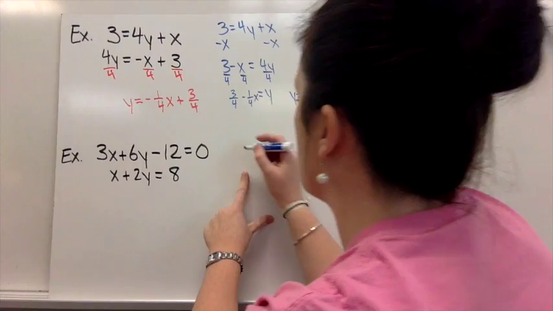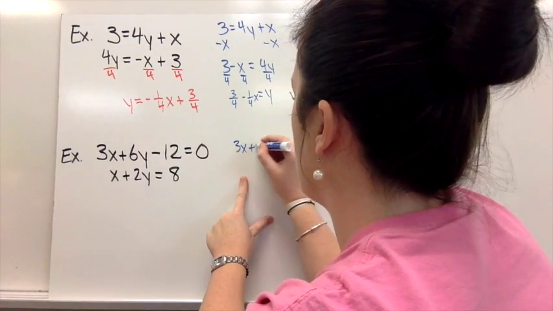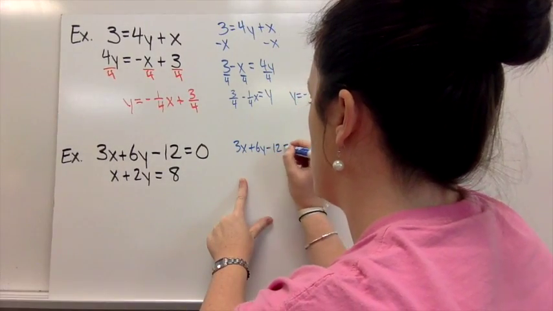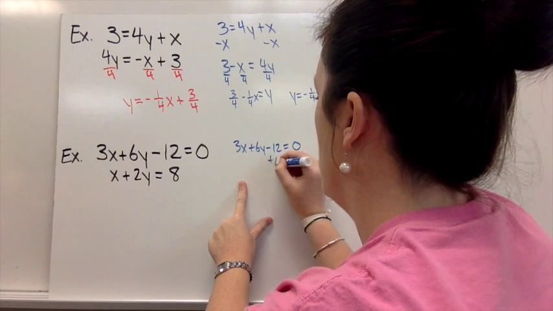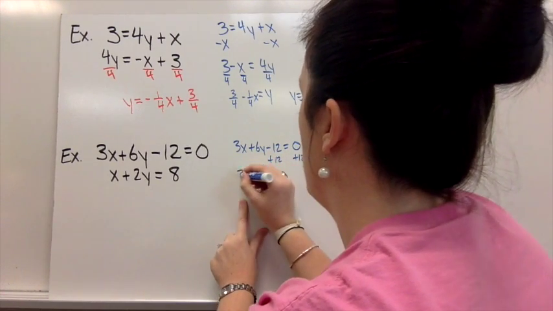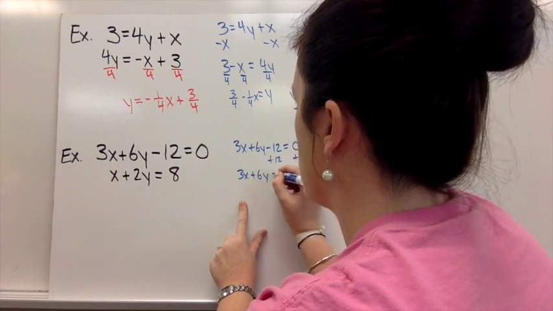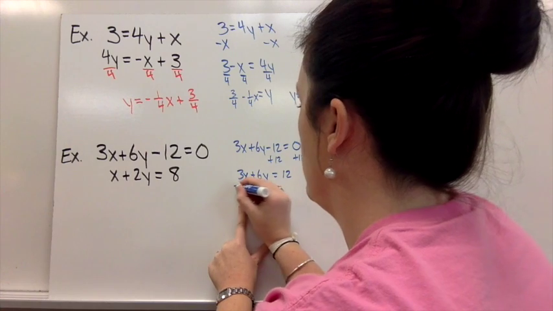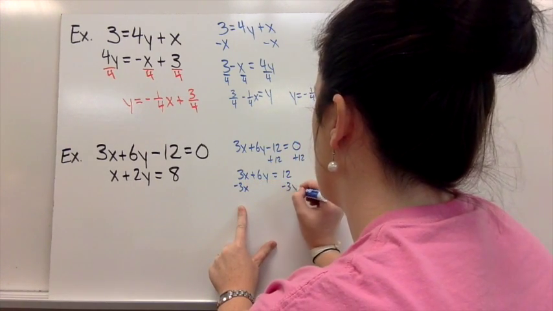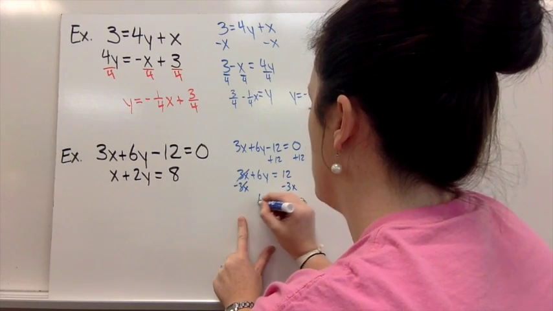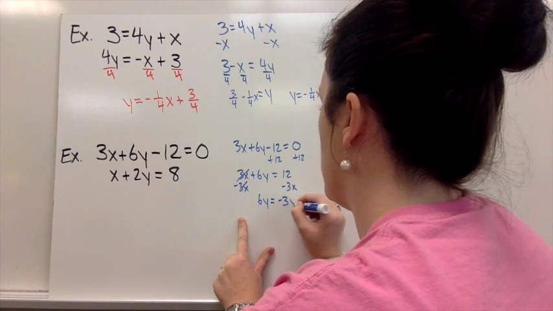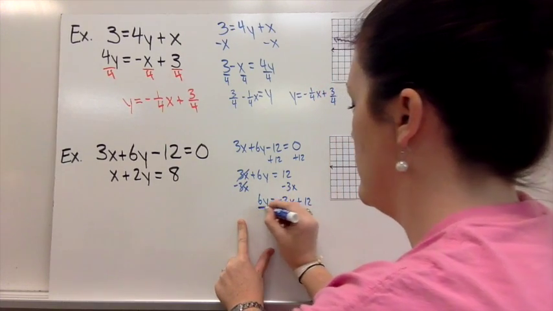So I'm going to take the first one and solve for y. So 3x plus 6y minus 12 equals 0. We'll go ahead and add 12. So 3x plus 6y equals 12. Let's subtract 3x. So we get 6y equals negative 3x plus 12.